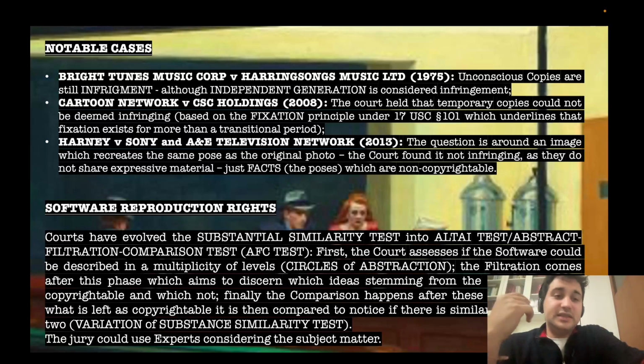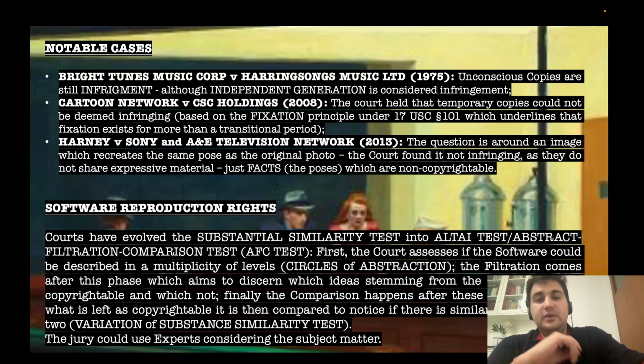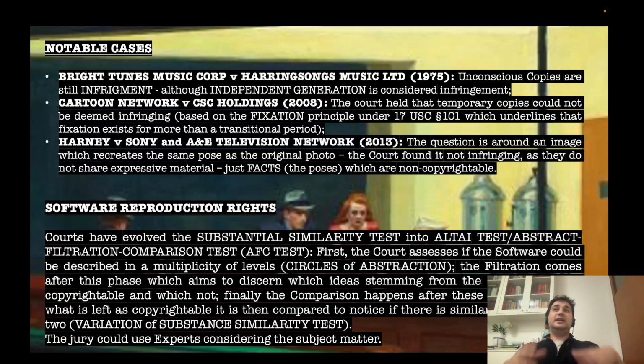So, the second case, Cartoon Network versus CSC Holdings in 2008, in which the court held that temporary copies could not be deemed infringing, because they based it on the principle of 17 U.S.C. section 101, if you remember, the one we've seen before, that defines the subject matter, which underlines that fixation shall exist for more than a transitional period.